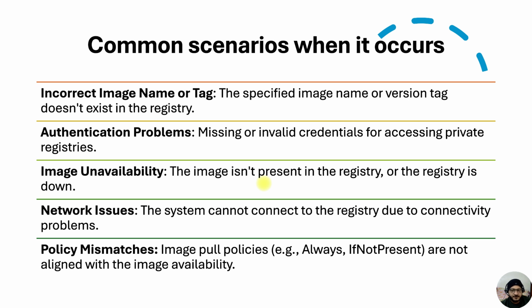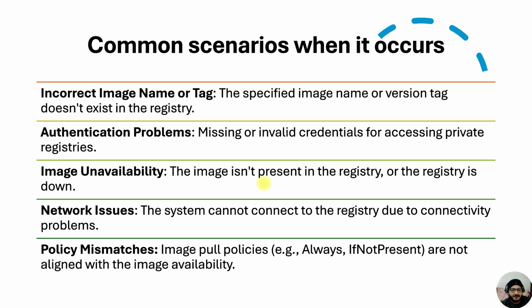Fourth is network issues, like the system where you are running your containers is not able to connect to the container registry. So it could be your network issues also. And another one is a policy mismatch. Whenever we define our deployment configuration in the YAML file, we provide image pull policies like Always or IfNotPresent.